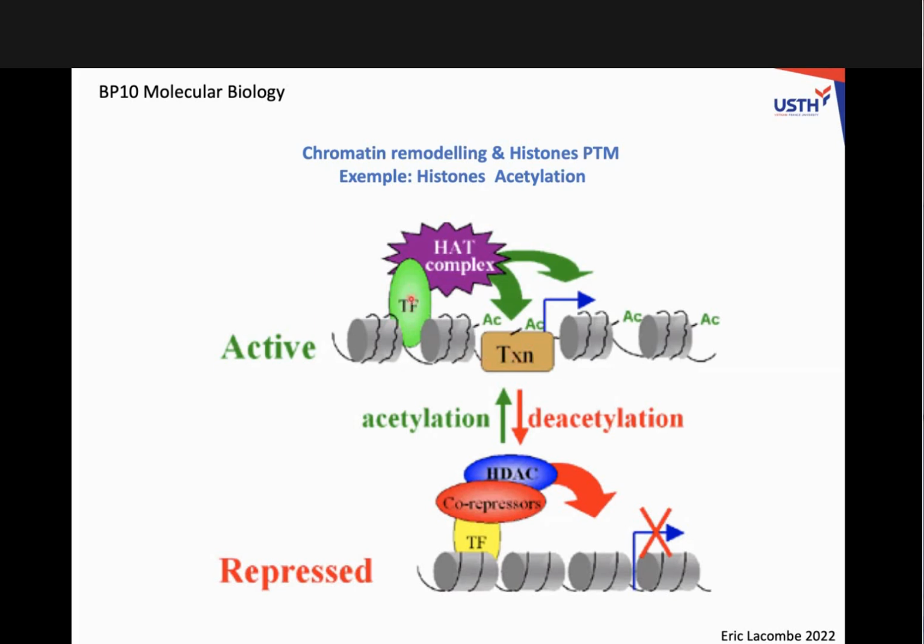Here in green, you've got a transcription factor. This transcription factor recognizes DNA. So this is exactly what I drew before. But instead of directly interacting with the RNA polymerase II to activate it, it doesn't do that, this transcription factor. The transcription factor recognizes a specific sequence of DNA, but instead of interacting with Pol2, it interacts with histone acetyltransferase complexes.